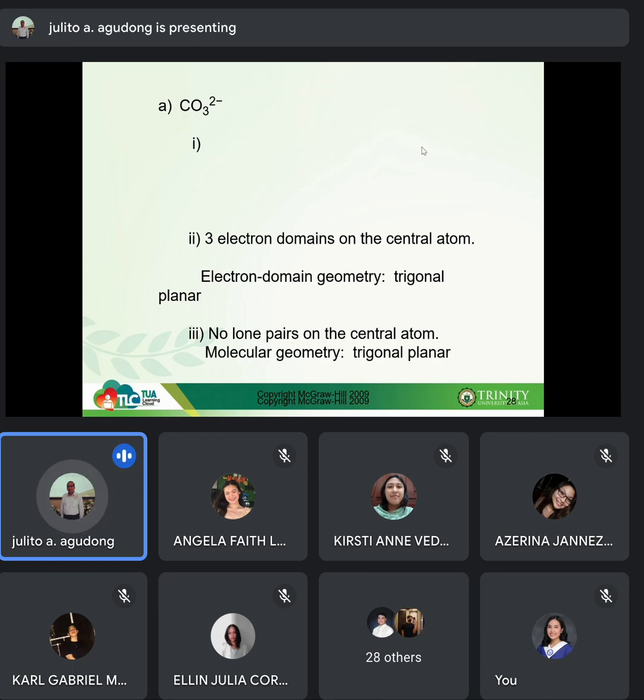What would be the TVE for your carbonate ion? 4 for carbon plus 6 times 3 for oxygen, which is 18, plus 4 is 22, plus 2, right? Because you have a negative charge.